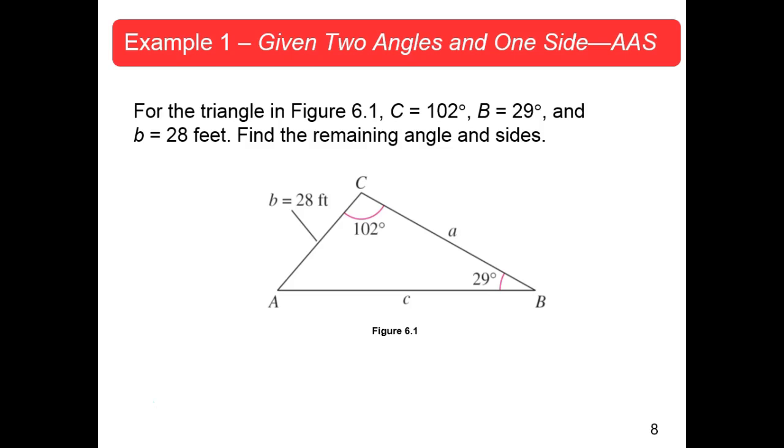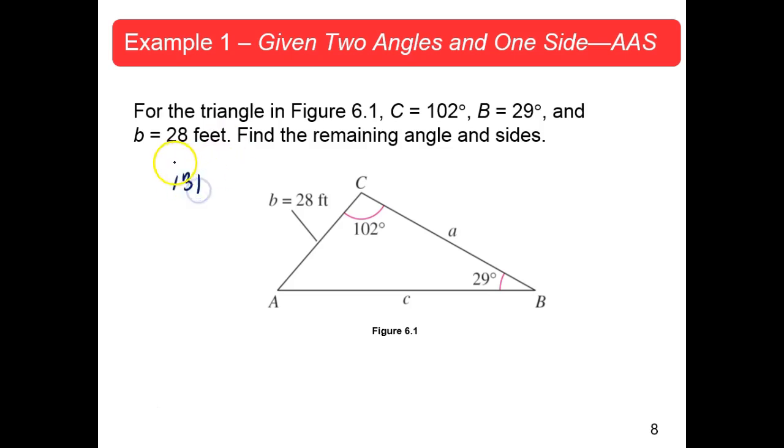All right. Here we know two angles, we know a side. What's the easiest one of the remaining three things? What do we still need to find out? We need to know angle A and side A and side C. Which of those three things is the easiest to determine? Angle A, of course. Why? How do you get it? 102 plus 29 is 131.